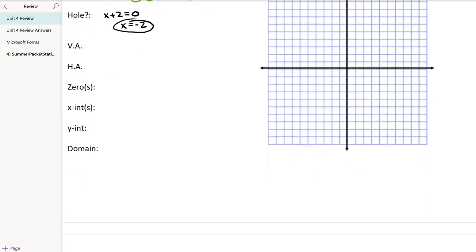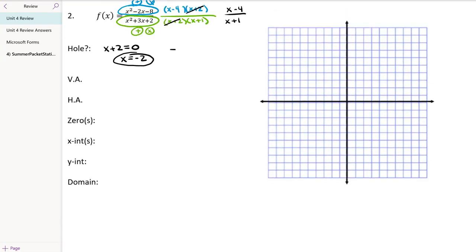So we're going to do -2 minus 4 over -2 plus 1, which gives you -6 over -1, which gives you +6. So my hole is at (-2, 6). And I can graph that right now. -2, 1, 2, 3, 4, 5, 6. So there's my hole. Perfect.